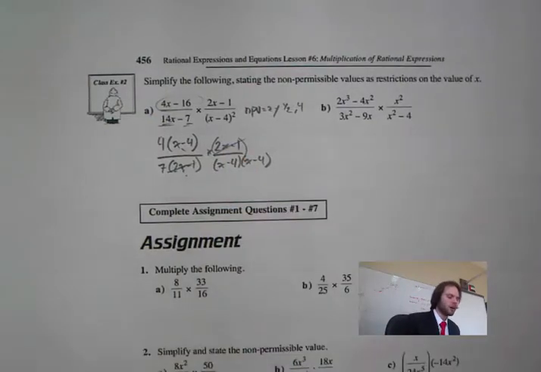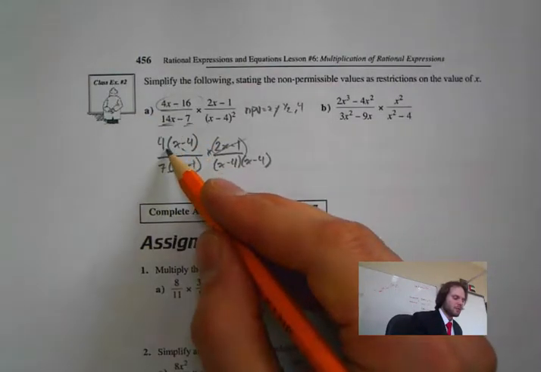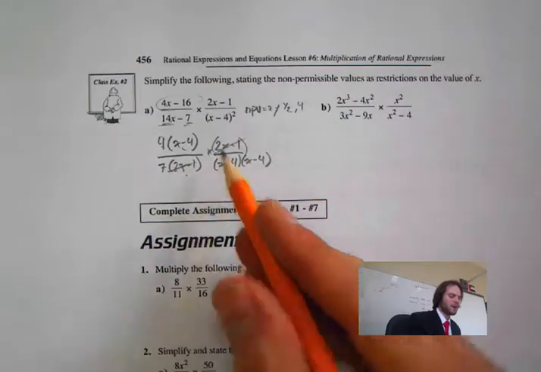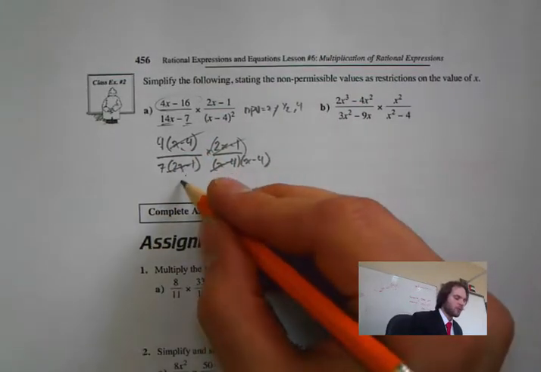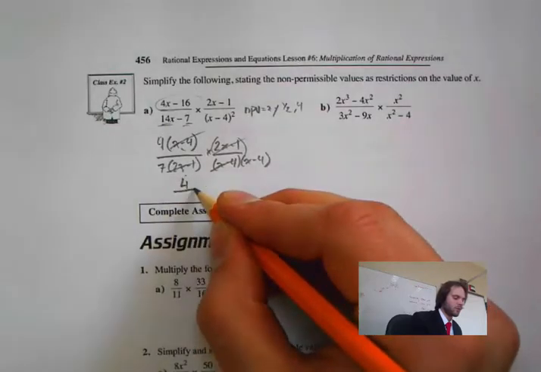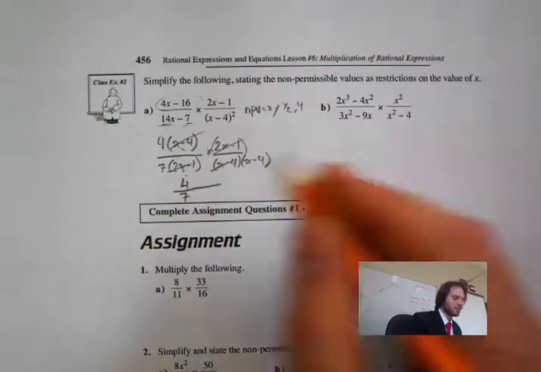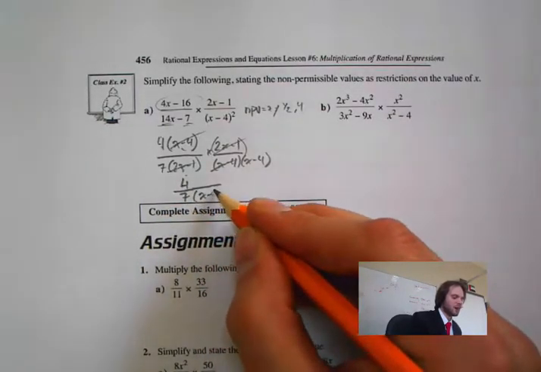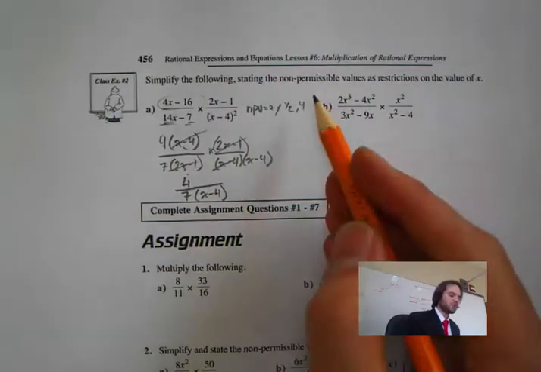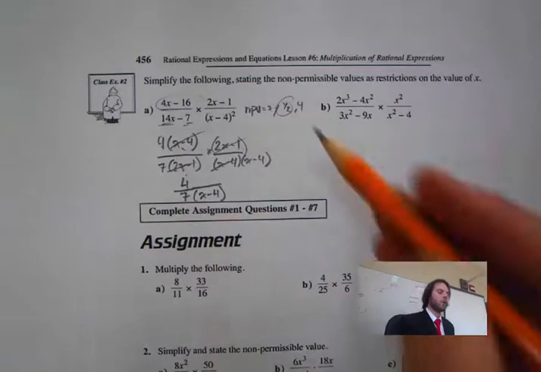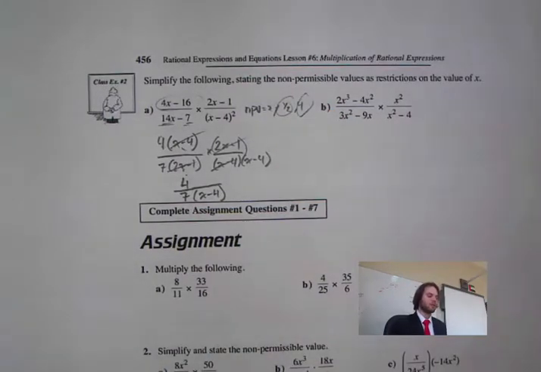Same thing here. 4 multiplied by x minus 4, then divided by x minus 4, these could cancel off. So what am I left with? I'm going to be left with 4 over 7 multiplied by x subtract 4. And that is it. But my restrictions are x cannot equal 1/2 or 4.